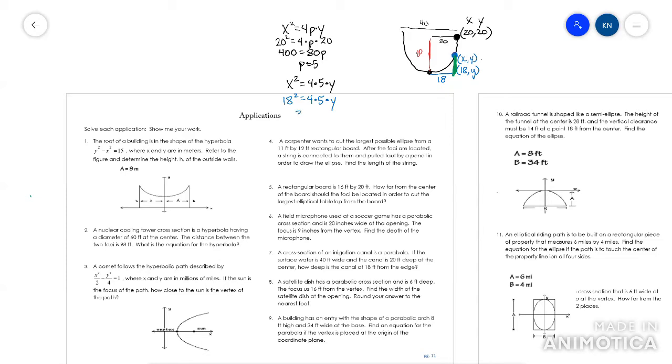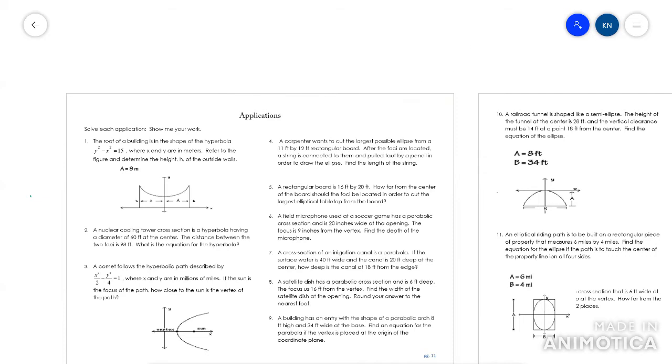So you get 324 equals 20y. If you divide, you get 16.2. And they're talking in terms of feet. So that is this green height. You had to get your p-value so that you could have a main equation, so you could plug in just an x value and solve for a y value. Hope that made sense.